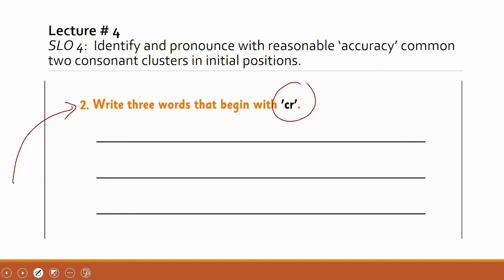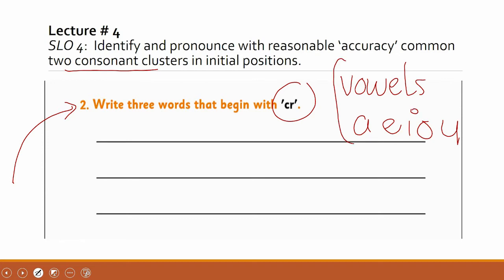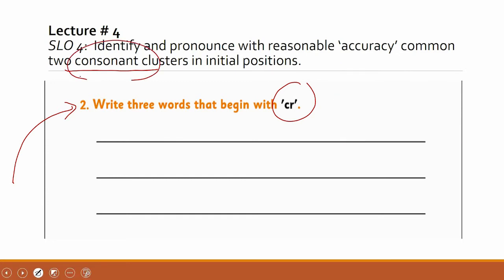There is a similar question for a different cluster now. In English, if you remember, we had vowels A, E, I, O, U. These 5 are known as vowels, and the rest of the alphabets are called consonants. So the way we have done words for the kl sound, we need to write 3 other words that begin with the sound kr.